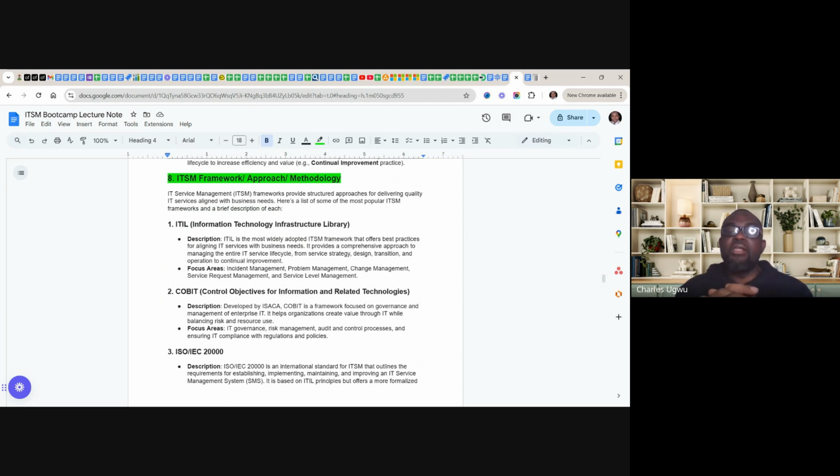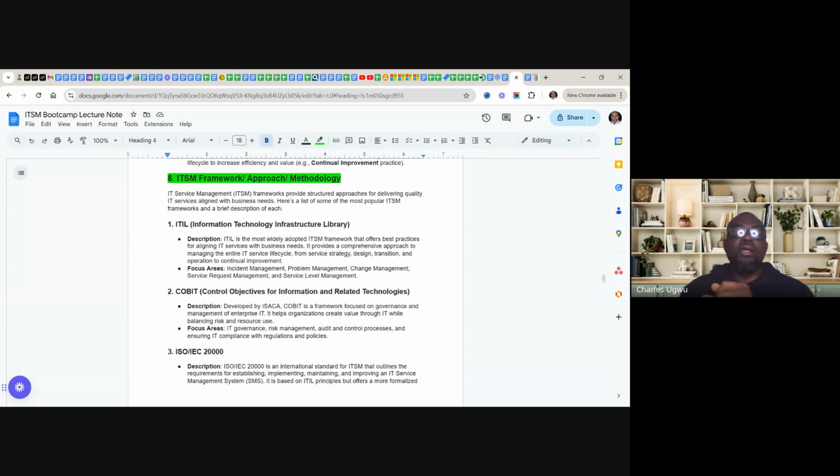It provides a comprehensive approach to manage the entire IT service life cycle, from service strategy, service design, service transition, service operation to continuous improvement. Just what we captured above. And the focus area is incident management, problem management, change management, service request management, and service level management.